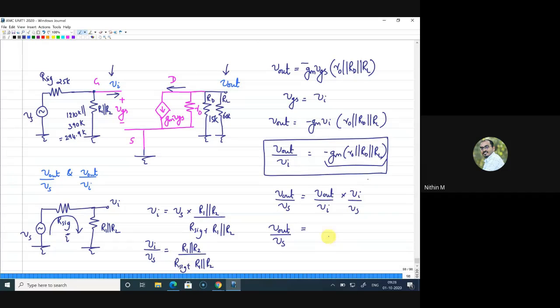So you will also get an answer for V out by Vs. Now I request you to get the numerical value for this by substituting all the parameters. Tell me what V out by Vi is and what V out by Vs is. So the expression for V out by Vs is R0 parallel RD parallel RL multiplied by R1 parallel R2 divided by R signal plus R1 parallel R2.